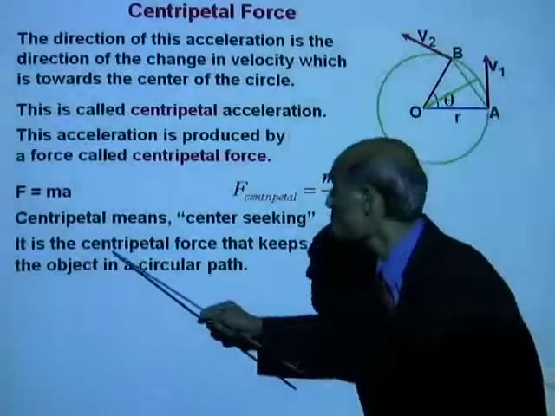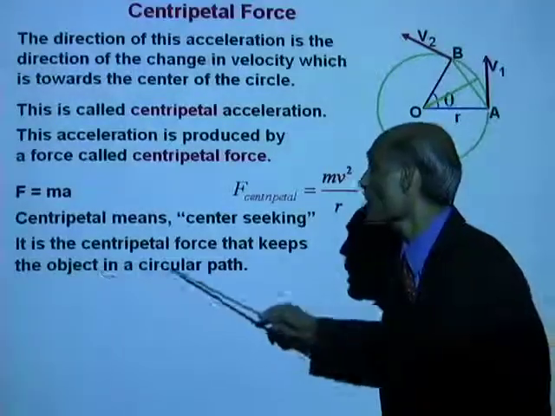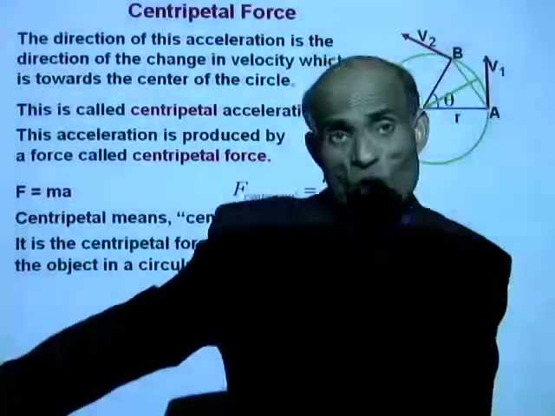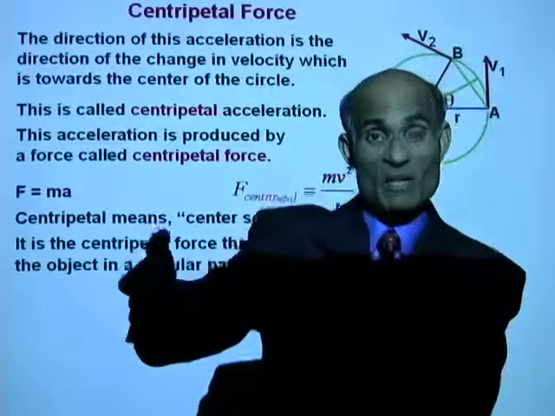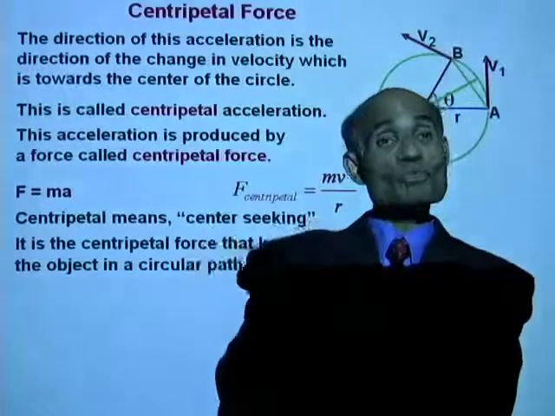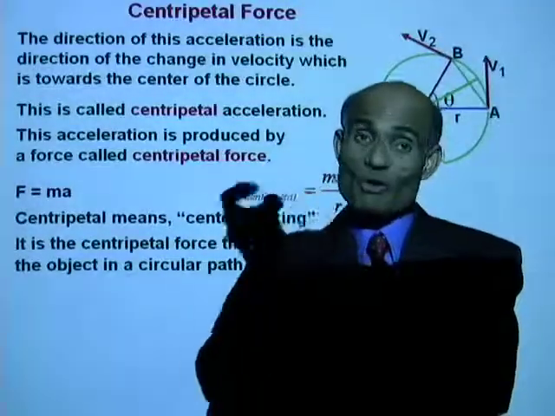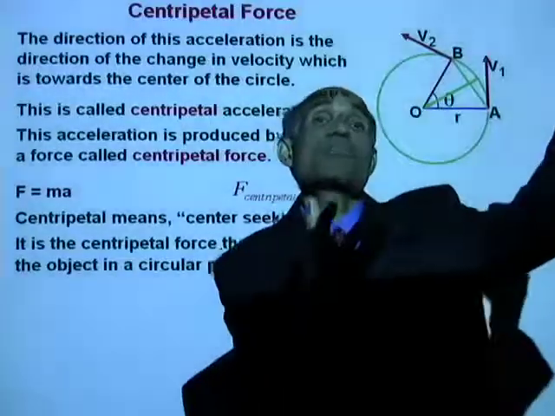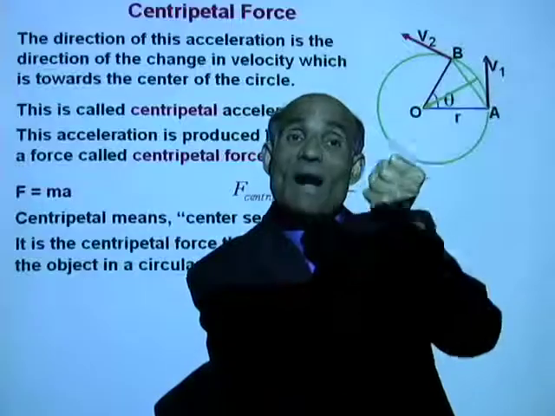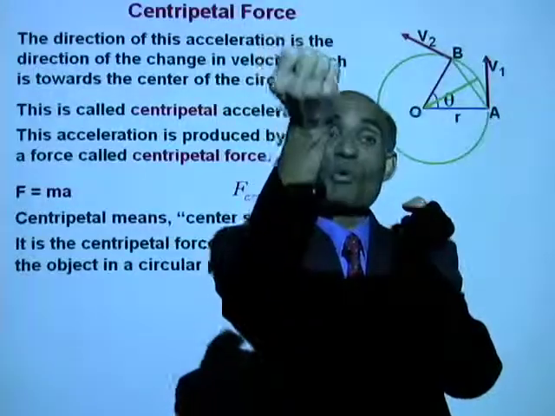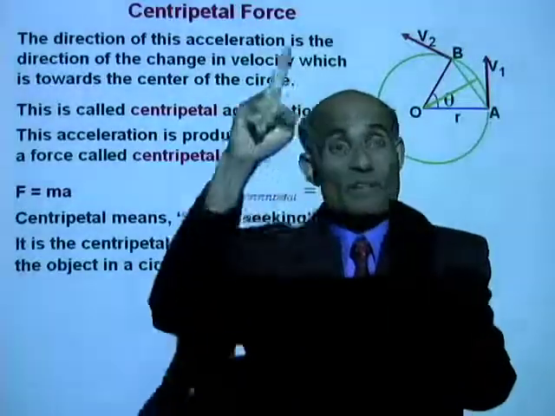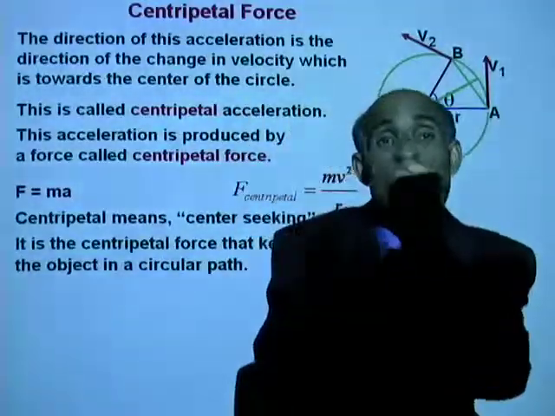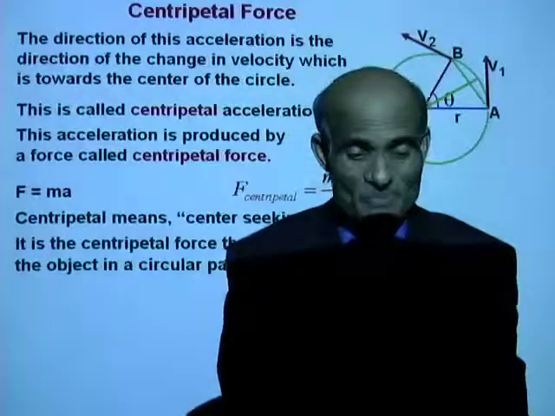Now, it is the centripetal force that keeps the object in a circular path. Just like I showed you the object moving along the circular path when I was applying a force towards the center. It is that force that keeps the object in a circle. It is the gravitational pull on the moon by the earth that keeps the moon going round the earth. The gravitational force is the centripetal force.